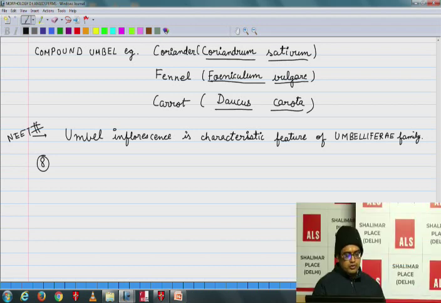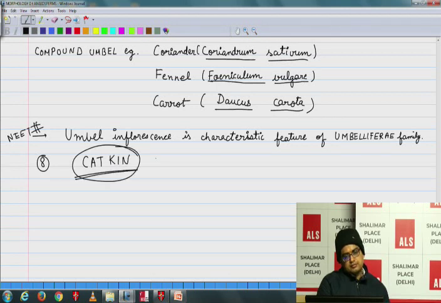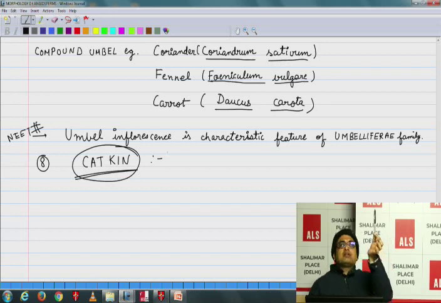Now there is one more inflorescence. It is called catkin. It's an interesting inflorescence, let me explain to you what happens. Catkin is very similar to spike inflorescence. In spike inflorescence, the axis was straight and simple like this. Now imagine what will happen if the inflorescence axis becomes weak.